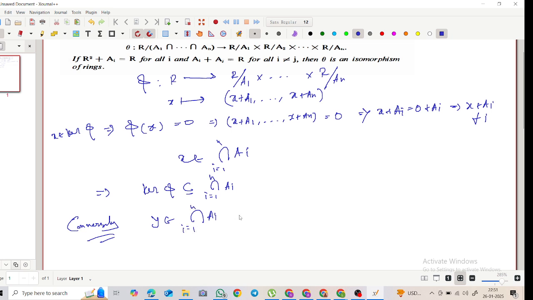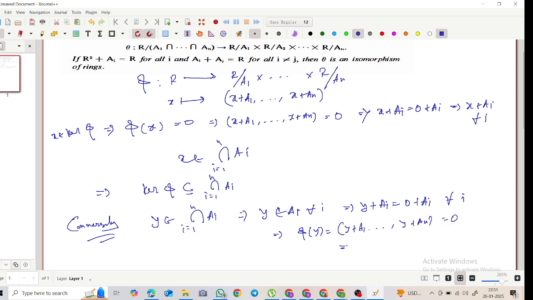Then y belongs to Ai for all i, which means y + Ai is 0 + Ai for all i, which means phi(y) = (y + A1, ..., y + An) is 0, which implies y belongs to ker phi.